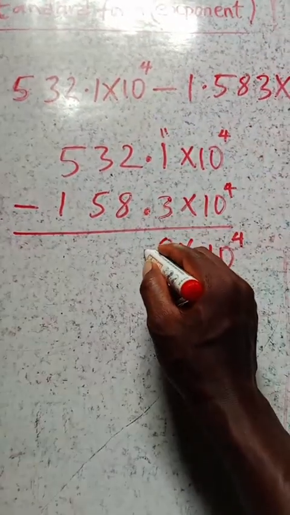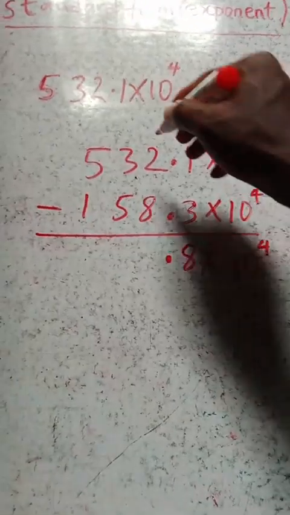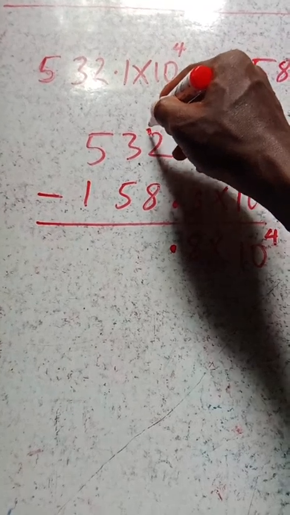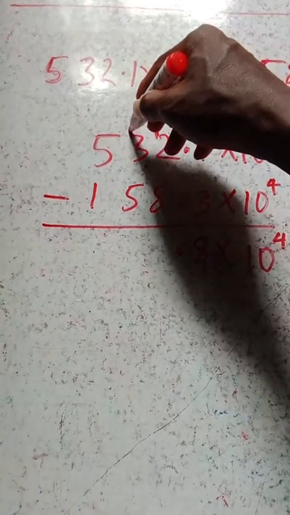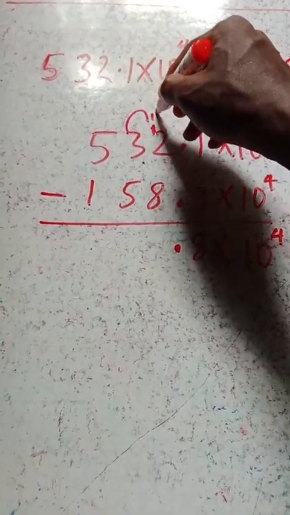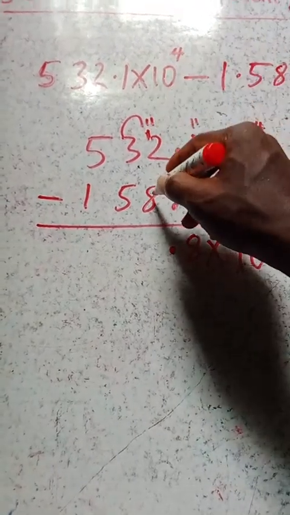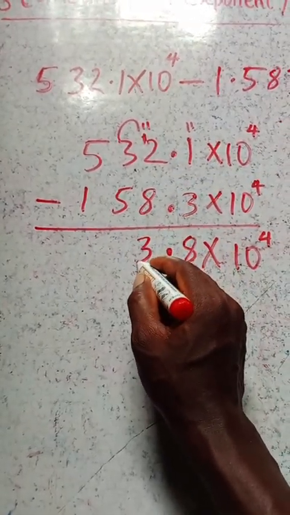There's a decimal point here; you bring down the decimal point. What will be left here is 1 because we borrowed 1 before. 1 minus 8 you cannot, so we borrow 1 from 3 again, and this becomes 11. 11 minus 8 is 3.